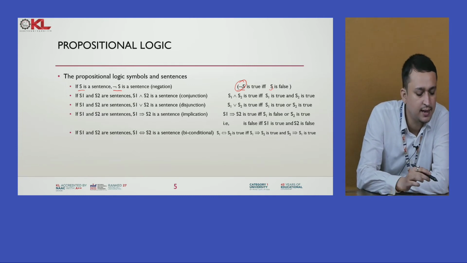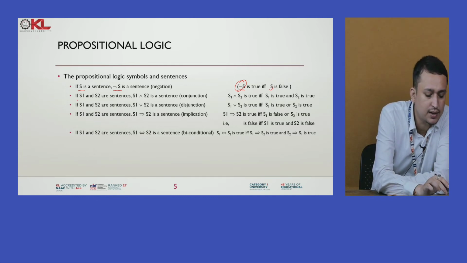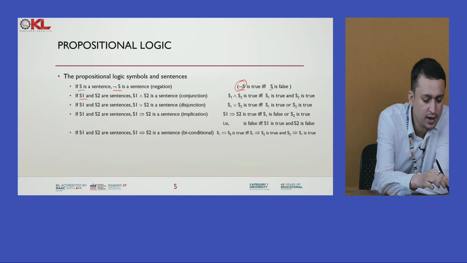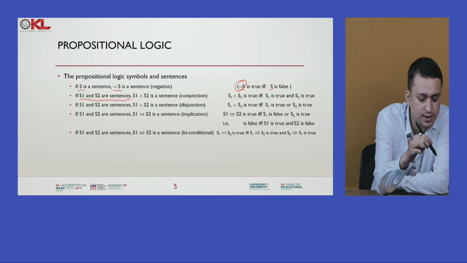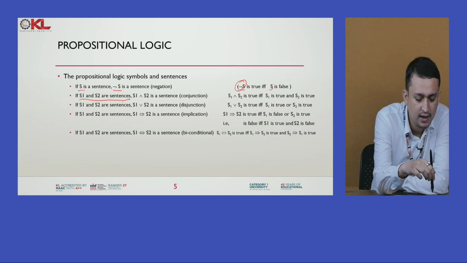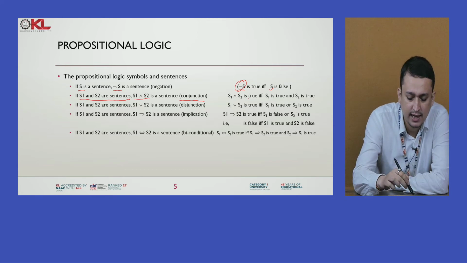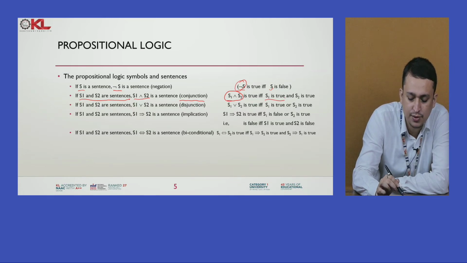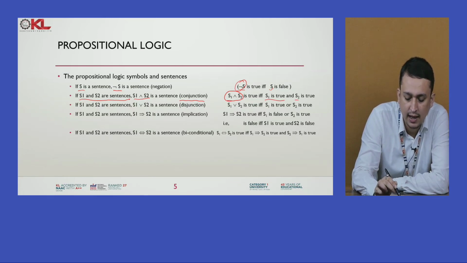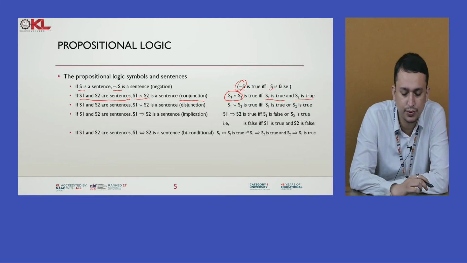Look into the second point. S1 and S2 are two sentences, and S1 conjunction S2 is true if and only if S1 is true and S2 is true. If both are true, then only that particular sentence is true.